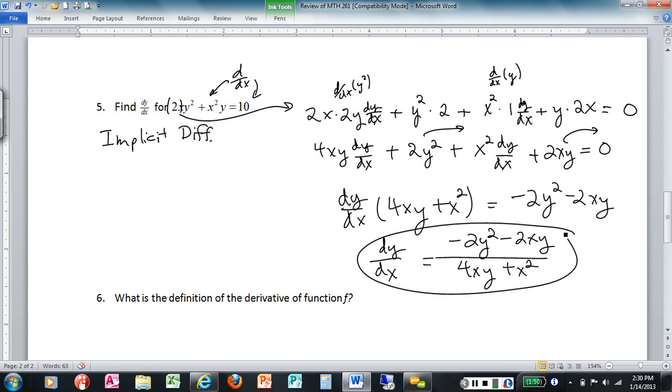All right. Number 6. What is the definition of the derivative of a function f? Yeah, from time to time, we will bring out the old definition of derivative, just to help us see what derivative something new might have. And so we'll need to recall the definition of derivative.